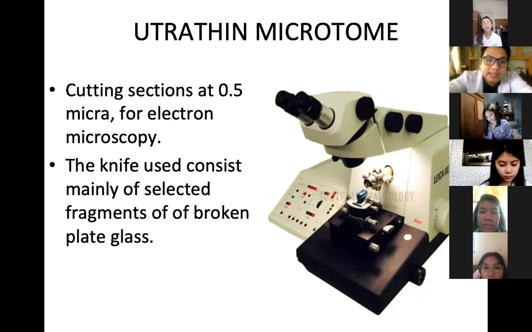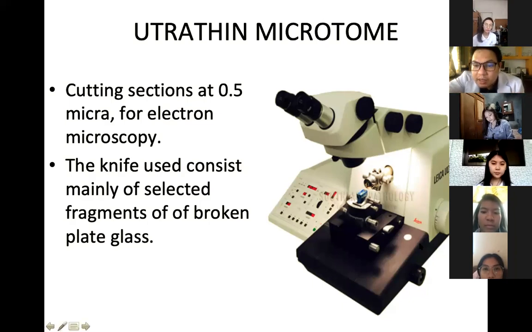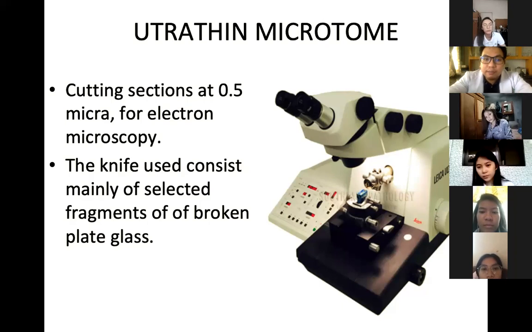So cutting sections at 0.5 micra. For electron microscopy, the knife used consists mainly of selected fragments of broken plate glass. So ito yung medyo sosyal na type ng microtome. Kung nakikita ninyo class, the microtome, merong naka-embed na microscope. Diba? To ensure na 0.5 micra lang talaga yung thickness ng tissue.